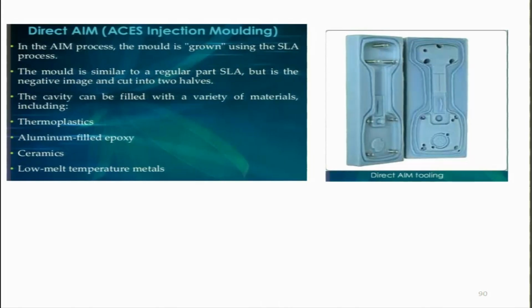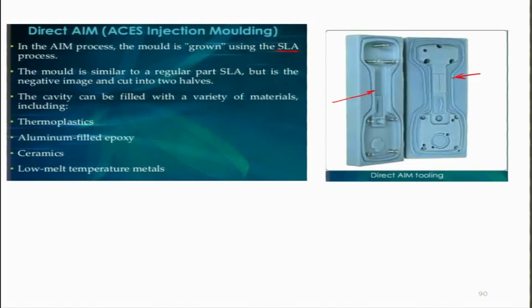In the AIM process, the mold is grown using a stereolithographic approach. You know how stereolithography works with a part by part building. I had explained this quite clearly when we talked about the rapid prototyping part. A mold is similar to a regular SLA part, but is the negative image of the particular part to be built and is cut into two halves.